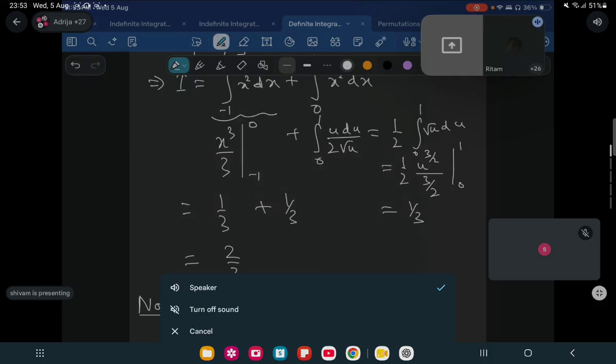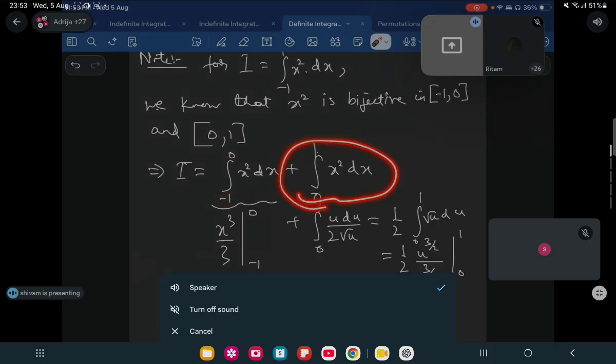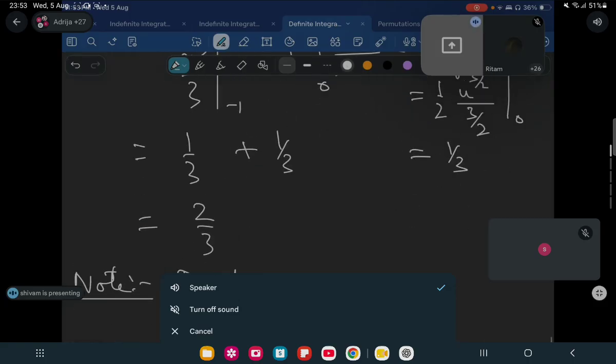Whatever you are getting on the right hand side, same thing you will get on the left hand side also. Whatever area you are getting from 0 to 1, same area you'll get from minus 1 to 0 also. So basically you could have just found out this area and multiplied by 2. This is one of the properties of definite integral.